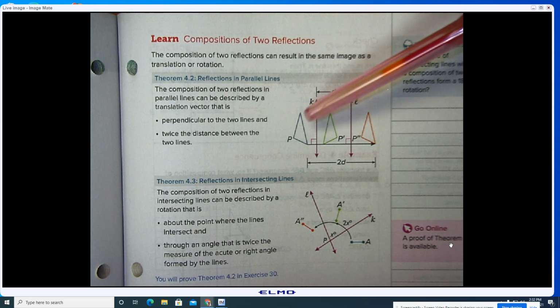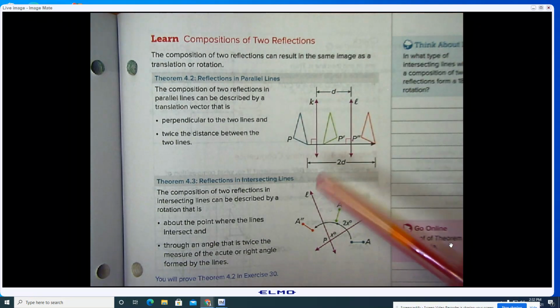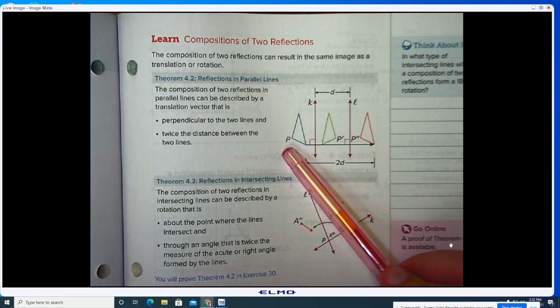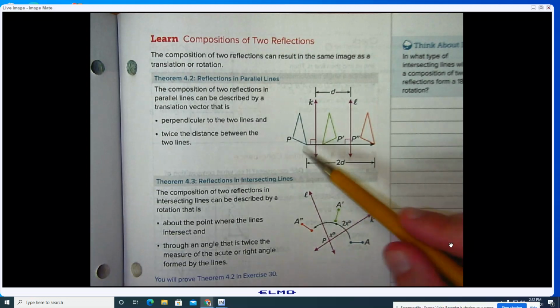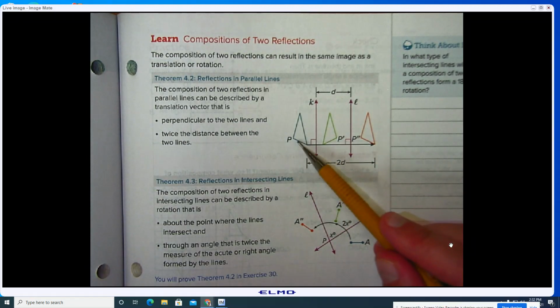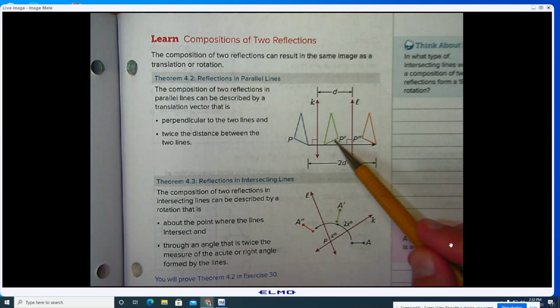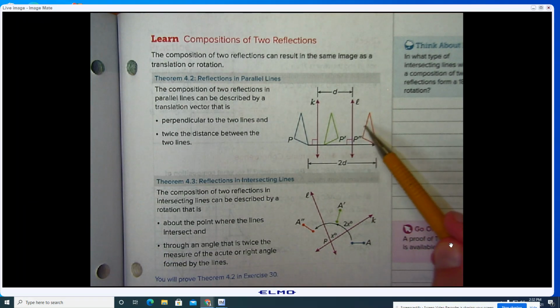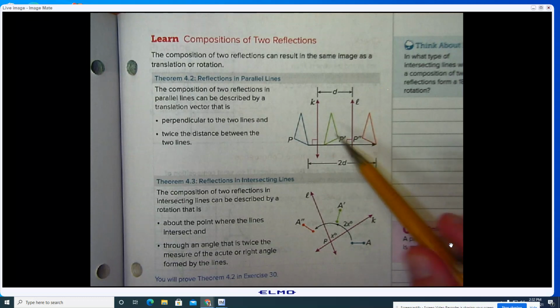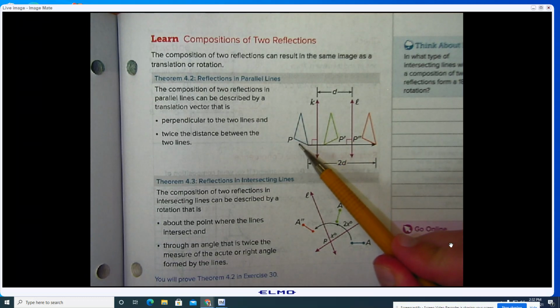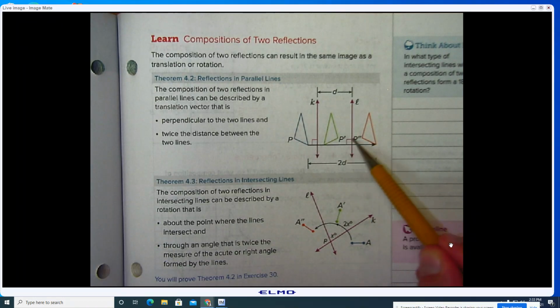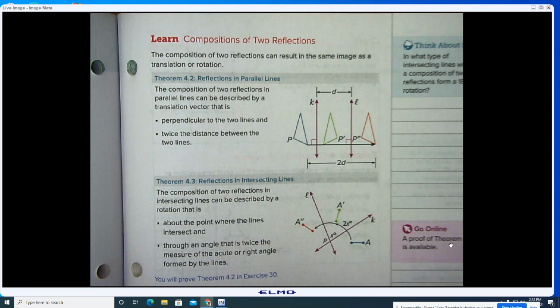Make sure we're noting the symbols here. We're starting with the original P, and then reflecting over line K, and then reflecting one more time over line L. What they're saying is that that's the same as if you translate and just move P all the way over.